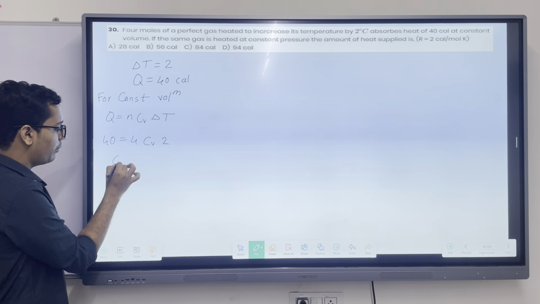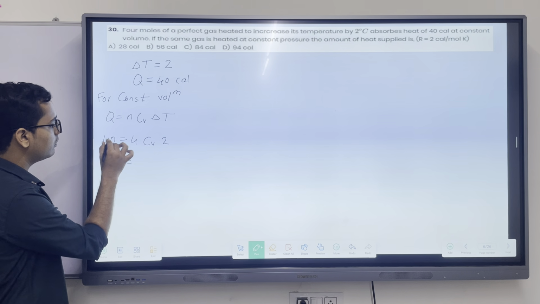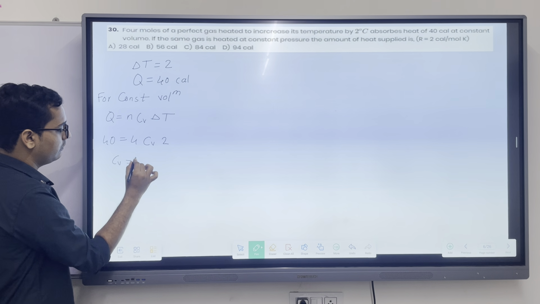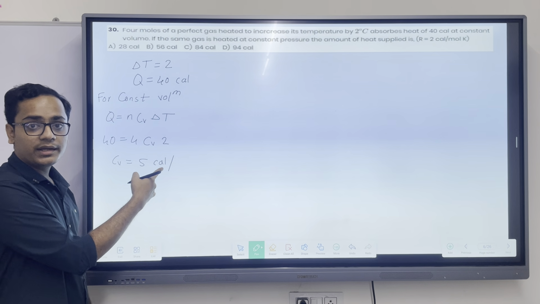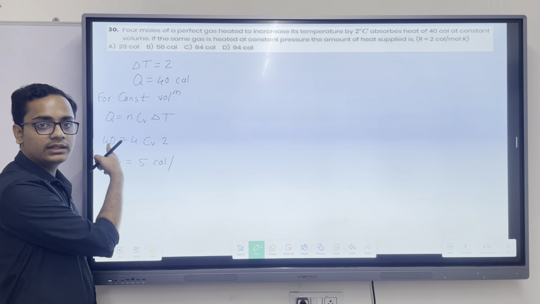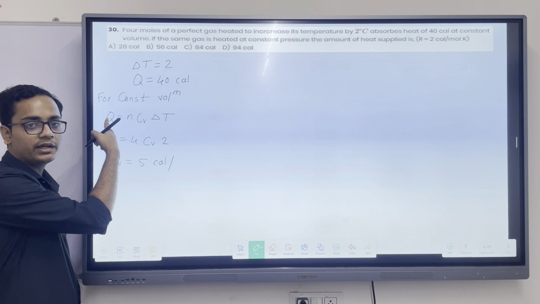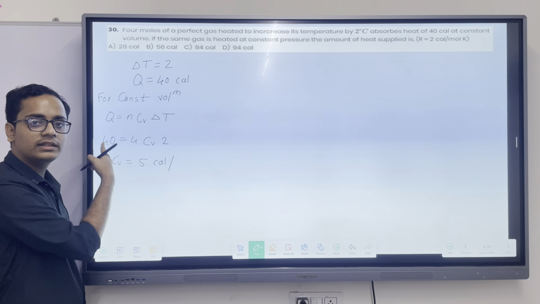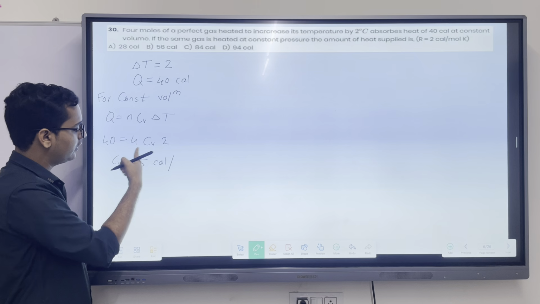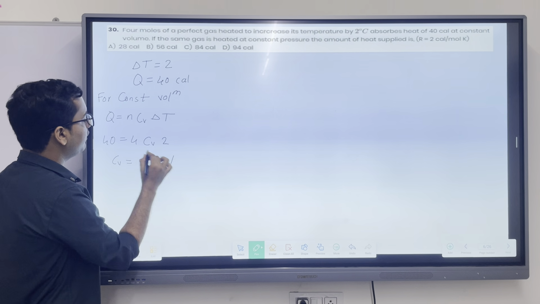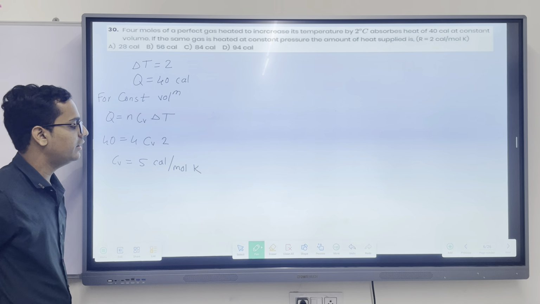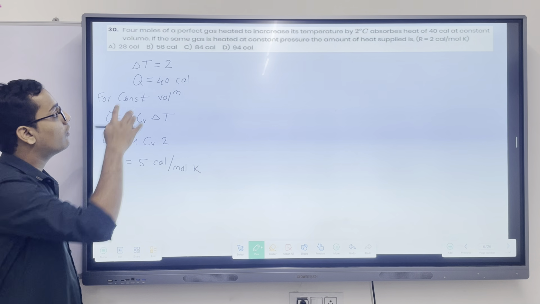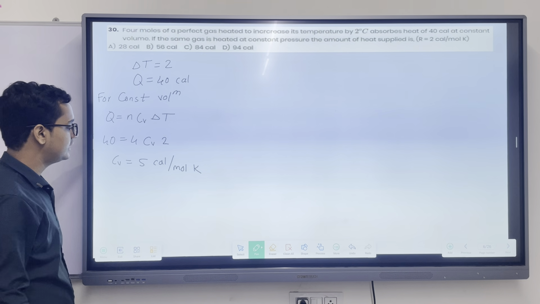From here, I will get Cv equal to 40 divided by 8, which is 5 calorie. I wrote calorie here because 40 calories is the heat, so the unit of heat is calories. That's why the unit of Cv will also be calorie per mole per Kelvin. For delta T, Kelvin and degree Celsius are the same.